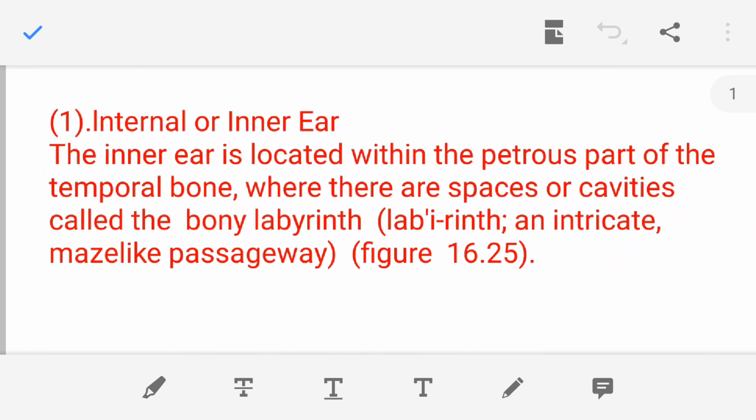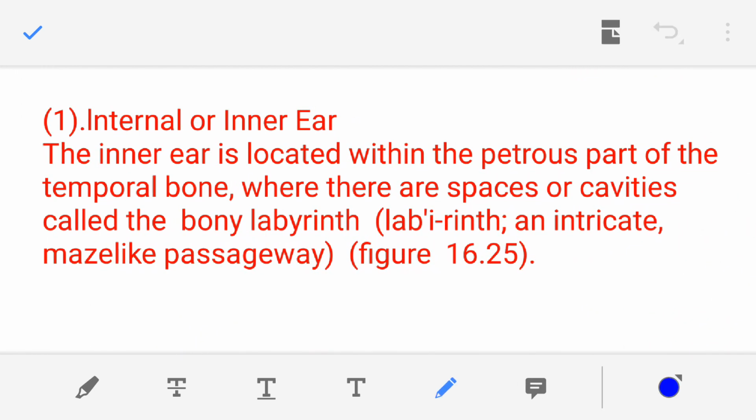The internal ear is also known as the inner ear. Where in our body is the inner ear located? The inner ear is located in the temporal bone within the petrous part.